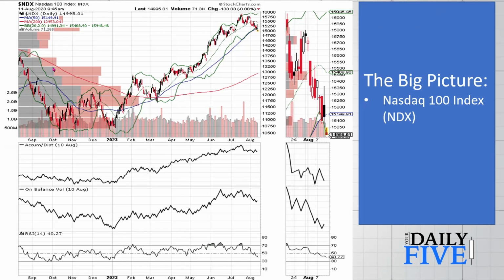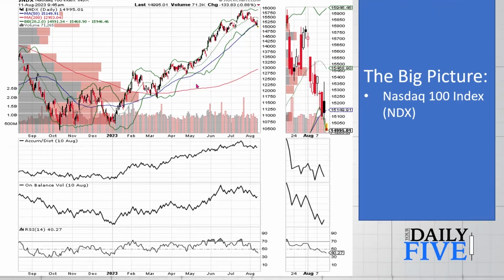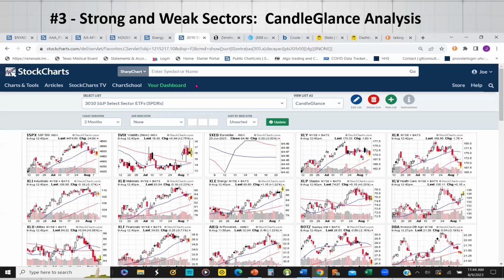There's not a whole lot of support here. You can see these bars are much smaller than the ones here. So there's not a whole lot of support. So we might see this market come down this far. Again, volume by price, accumulation distribution, unbalanced volume, that's the footprints of the smart money.